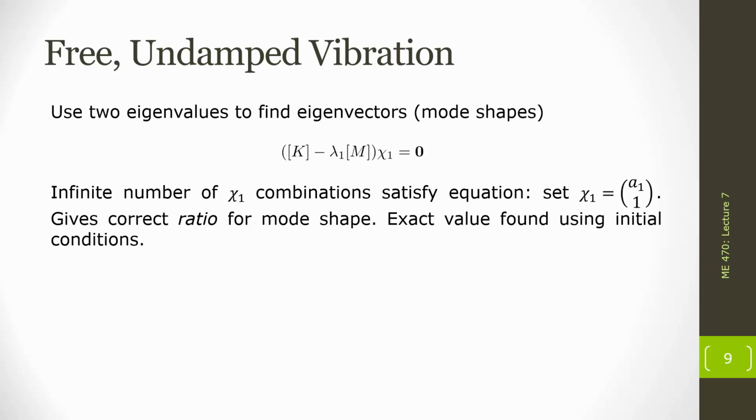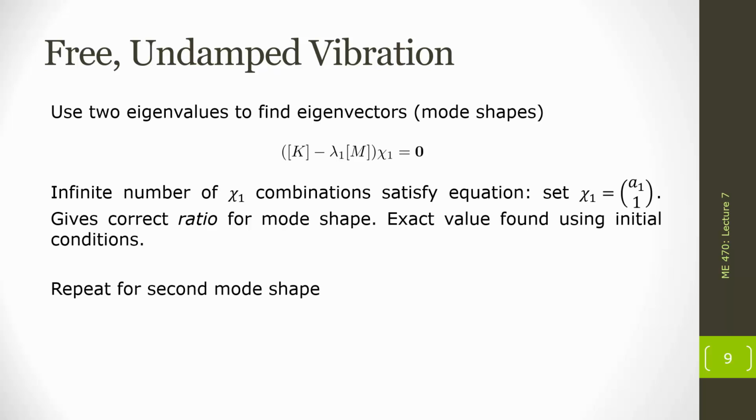So we might get different answers, but they are going to be scalar multiples of each other. And again, that is exerting that the eigenvectors are not unique. They can all be scalar multiples of each other, and we can still have the right value. And we'll see how that comes into play on the next slide, how we can have different values for chi1 and chi2, and both of them be correct.